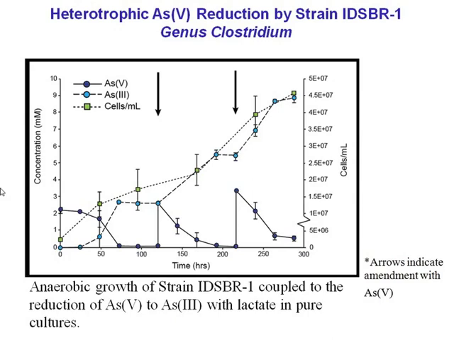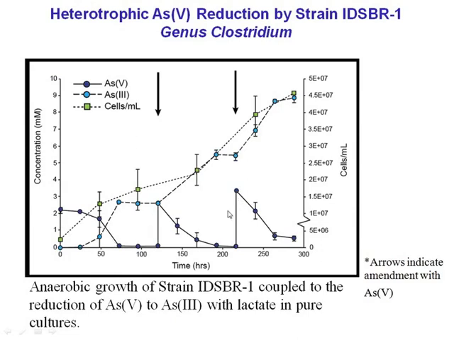This is some data that my current grad student, Megan Dovick, produced from her isolate that we call strain SBR1. This is an arsenic 5 reducing, but also antimony reducing, as you'll see in the next slide, organism of the genus Clostridium.